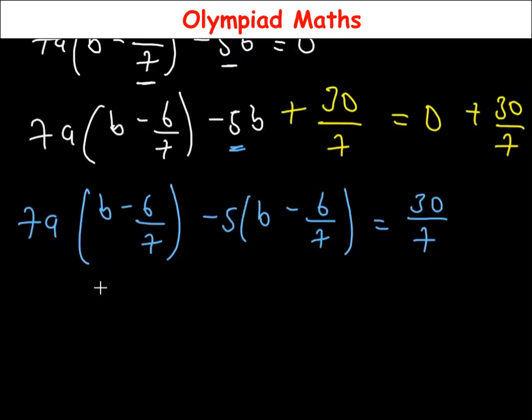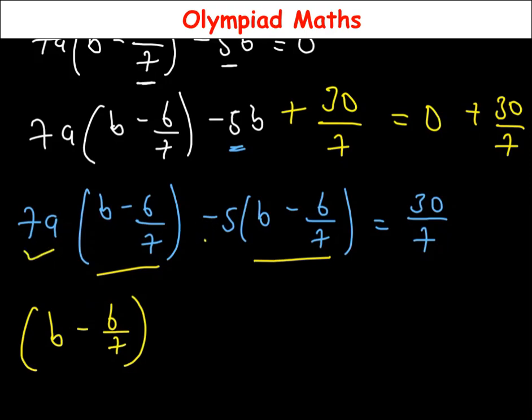At this junction, we have a common factor, which is b minus 6 over 7 and b minus 6 over 7. So pick one. In bracket b minus 6 over 7, we also have 7a and minus 5. So group them in one bracket: 7a minus 5, all equal to 30 over 7.